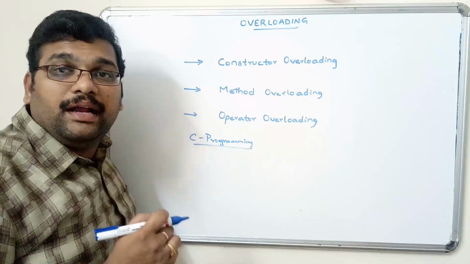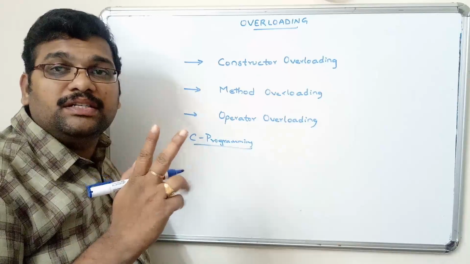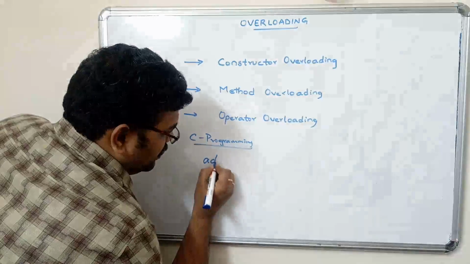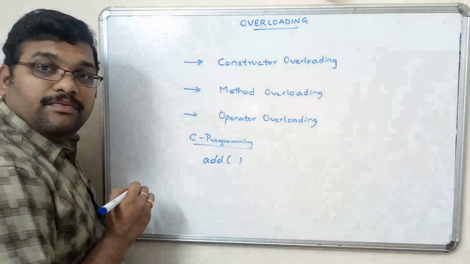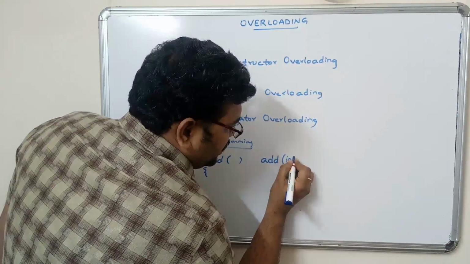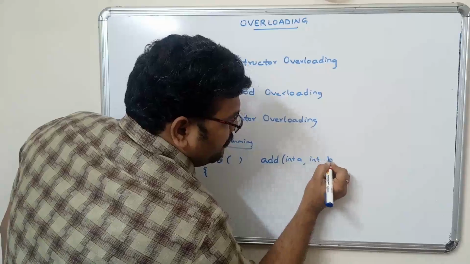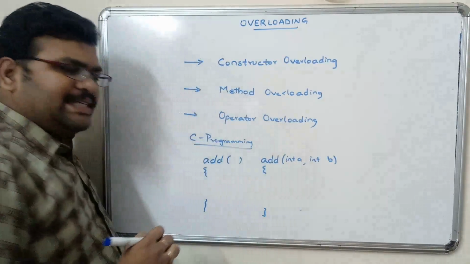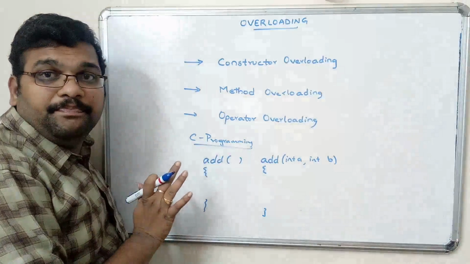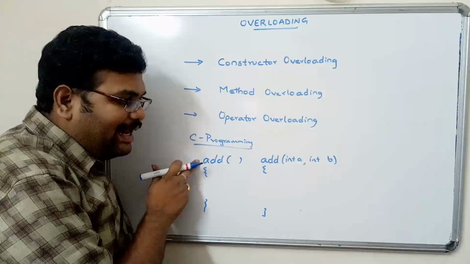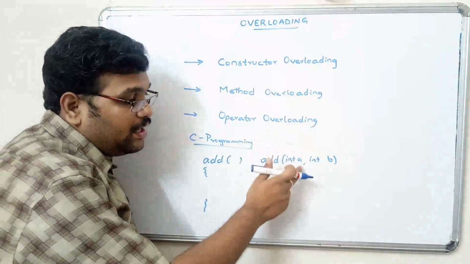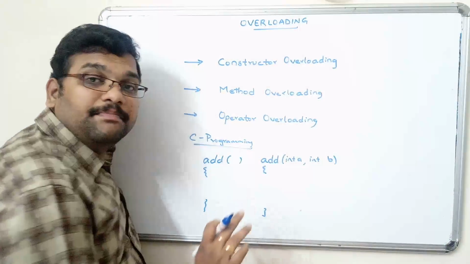And if you are trying to write two functions with the same name but different parameters, for example, add, this is the one function, and this is another function, int a comma int b. So the logic is same, but the parameters are different. So the name is also same. Here the name of the function is add. Here also the name of function is add. Here there are no parameters, 0 parameters. Here we are having 2 parameters, and the logic is same.